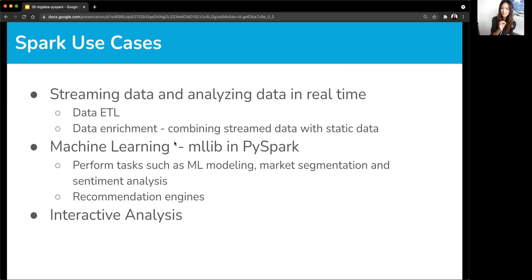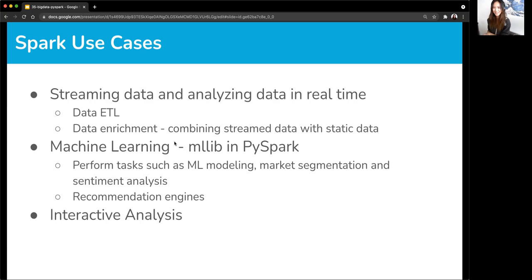You can have your data extract, transform, and load pipelines set up such that they can stream in data in real time. Also data enrichment. Let's say you have some static data that already exists. You can think of it as automatically adding new rows to the end of your data frame as they come in. That's something it supports as well, which can be very useful.